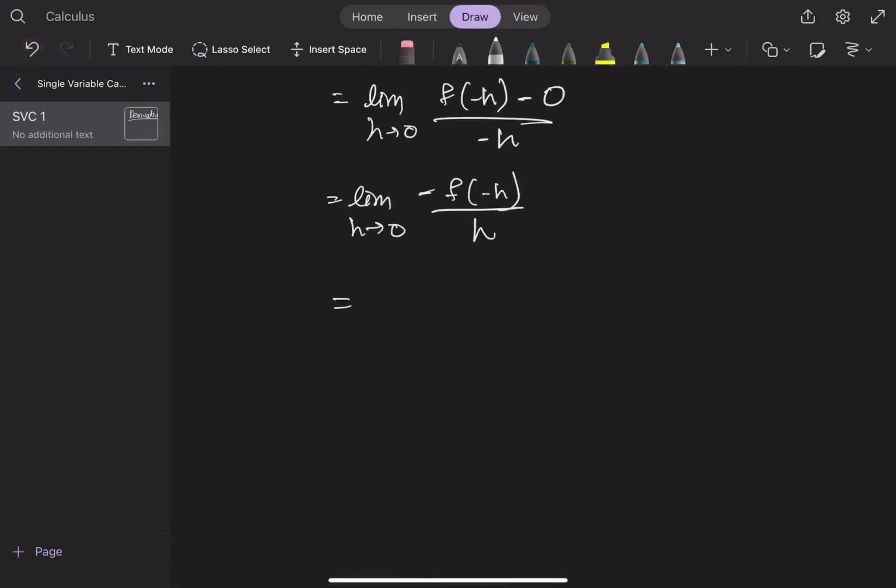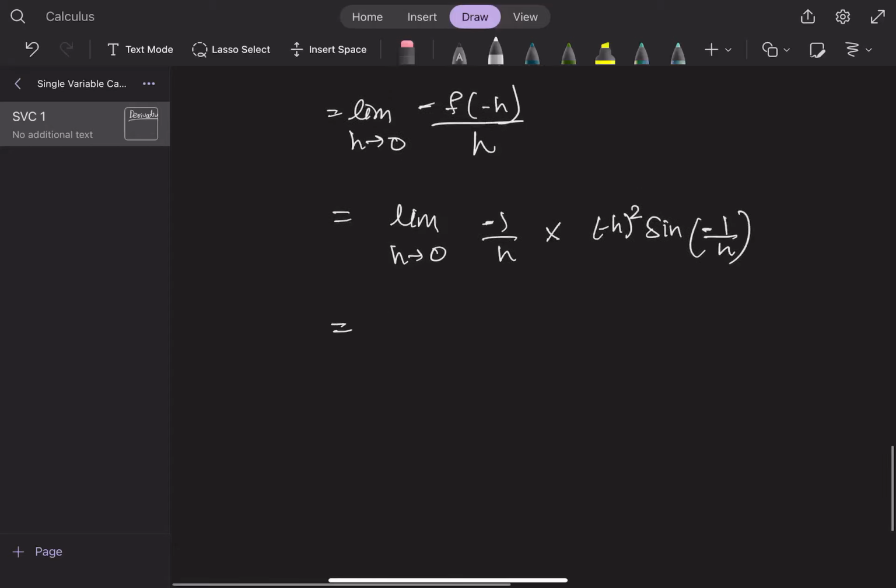So I'll just write it as limit h tends to 0 minus 1 by h, and let's write f of minus h as minus h square sine of minus 1 by h. So this becomes limit h tends to 0 minus 1 by h into h square sine 1 by h, and I'm going to take the minus outside.